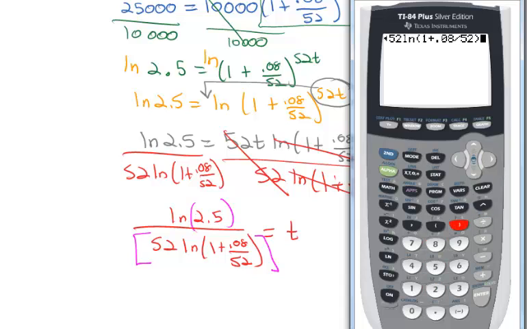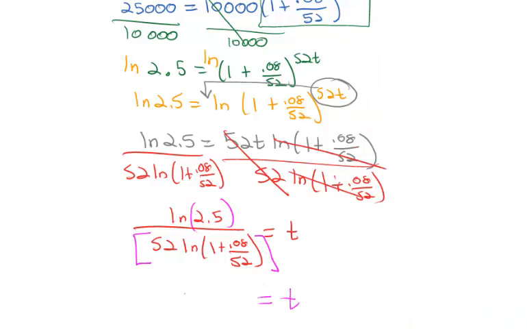Close the natural log, close the denominator, hit enter, and we get 11.46. Time is equal to 11.46 years. So in 11.46 years, not quite 11 and a half years, that investment of $10,000 will grow to $25,000.